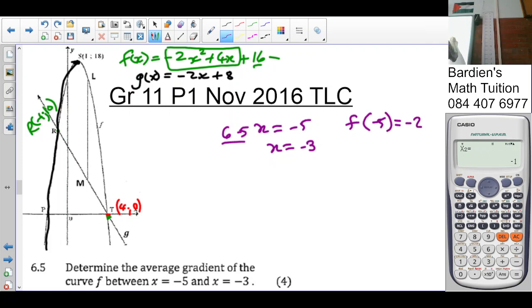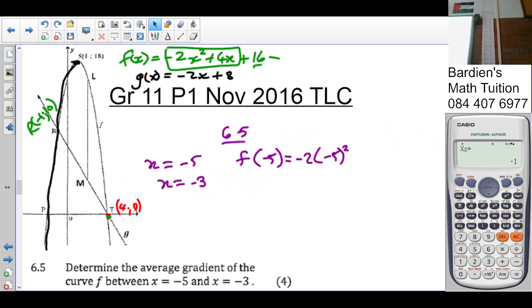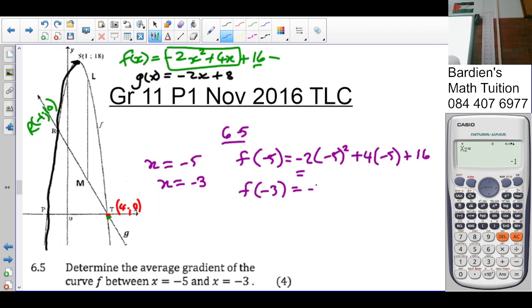So wherever I see an x, I put a minus 5. Okay? Negative 2 into negative 5 squared plus 4 times negative 5 plus 16. And I do the same for f of minus 3. So it will be negative 2 into negative 3 squared plus 4 times negative 3 plus 16.